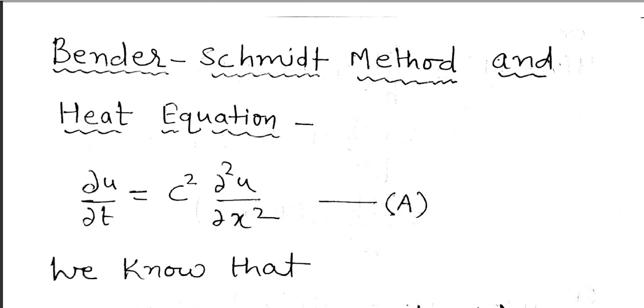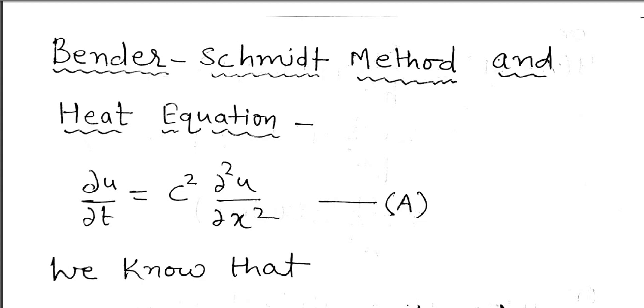So we know that the general form of a partial differential equation is A del 2u by del x square plus B by del 2u by del x del y plus C by del 2u by del y square and so on, which is equal to 0.